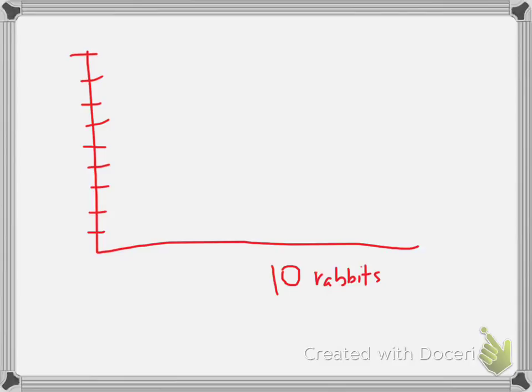And over on the y-axis, we've got the percentage of the population that has this particular gene. From 0%, nobody has this gene, to 100%, every single individual in the population has that gene. So if we start out with our 10 rabbits, 5 rabbits have this gene in generation 1.